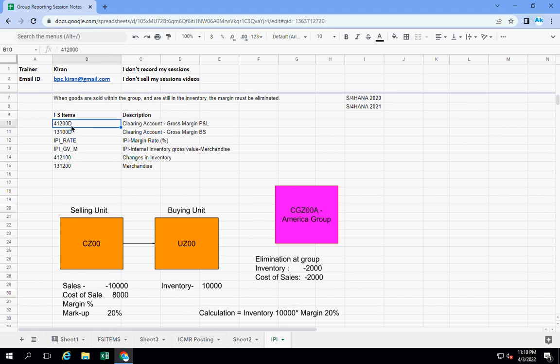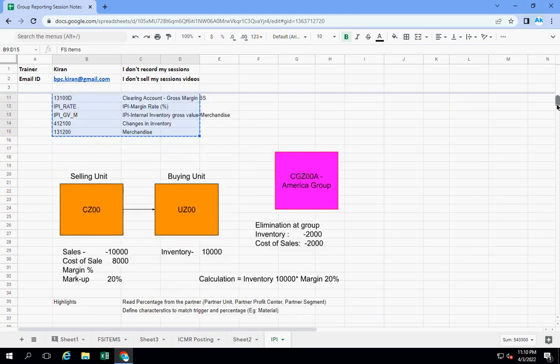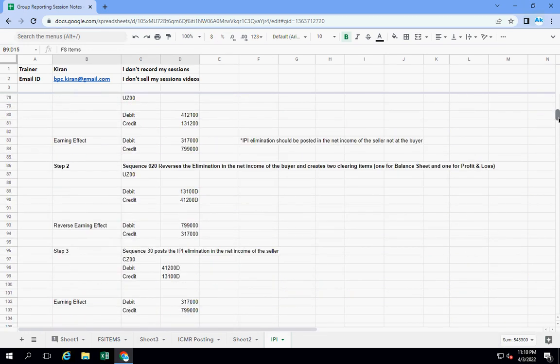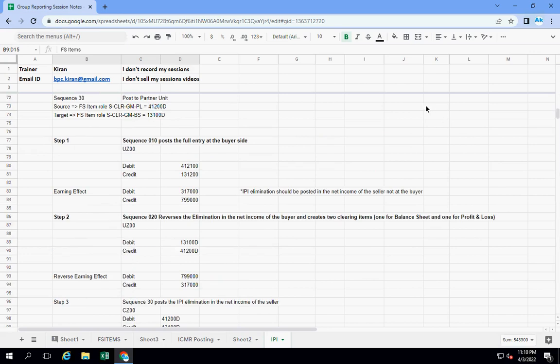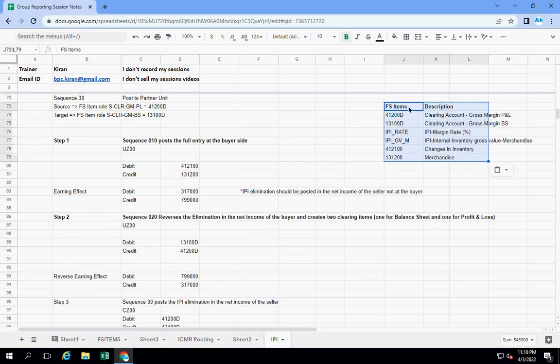If you want clarity on what accounts these are, we can take this data here. First, whatever amount is there in my mercantile account in the buyer books will be eliminated.